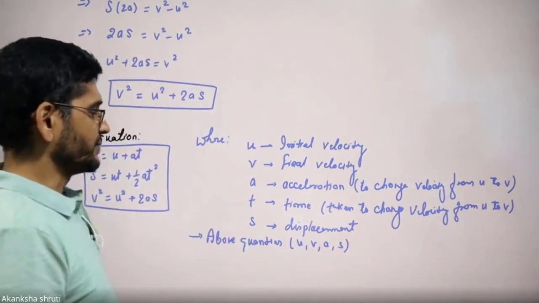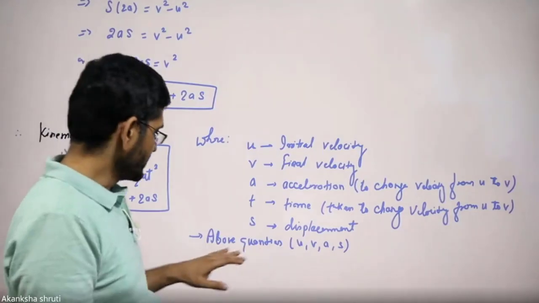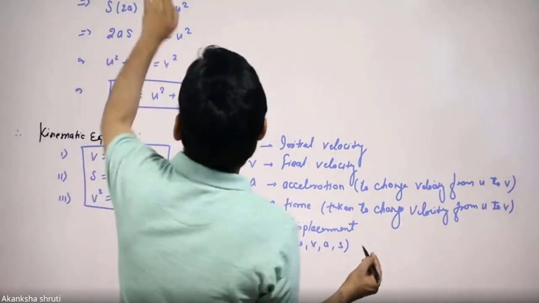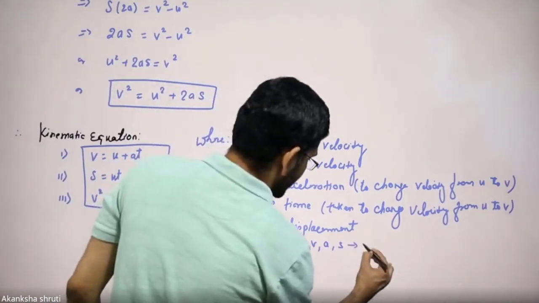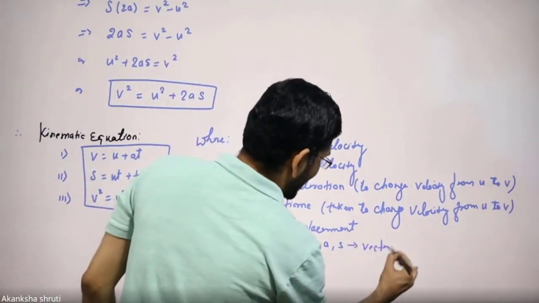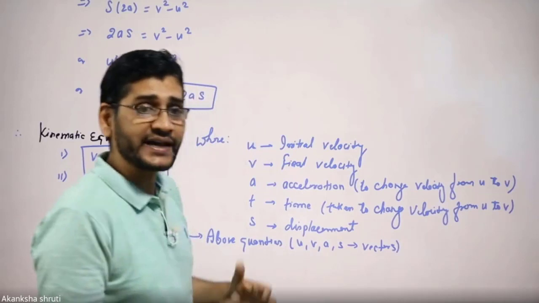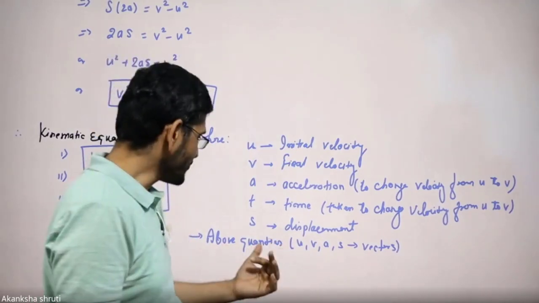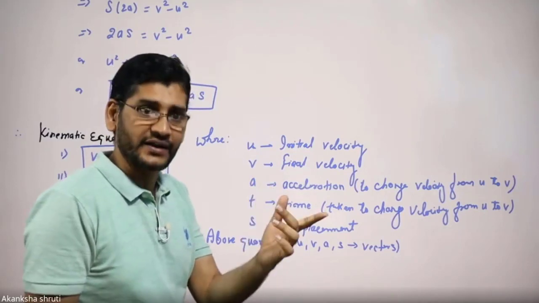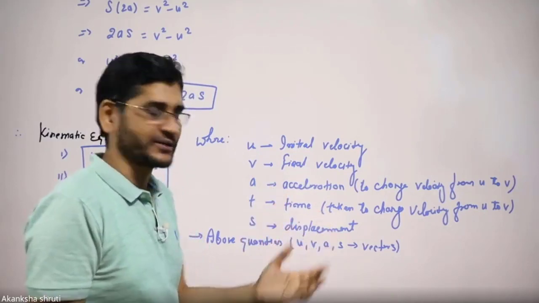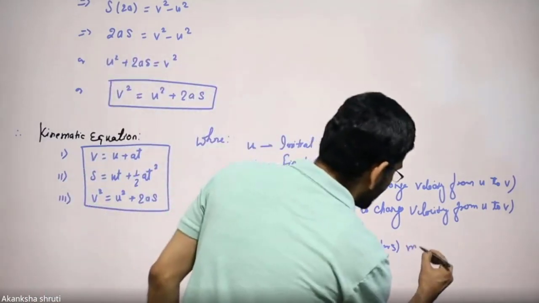Excluding the T, because T is a scalar. The above quantities are vectors, and vectors can be negative or positive. So the above quantities must be taken with a sign, whether positive or negative.